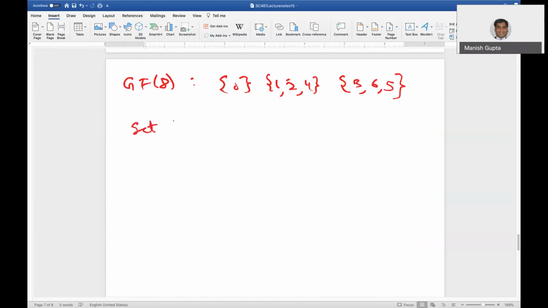So let us see how we get this. We look at the set Z_{p^m - 1} and multiply by p.